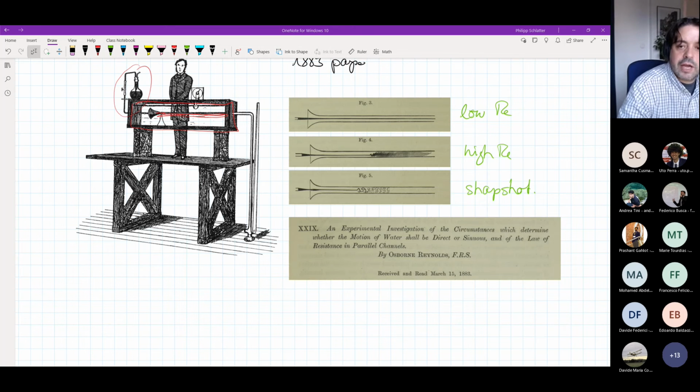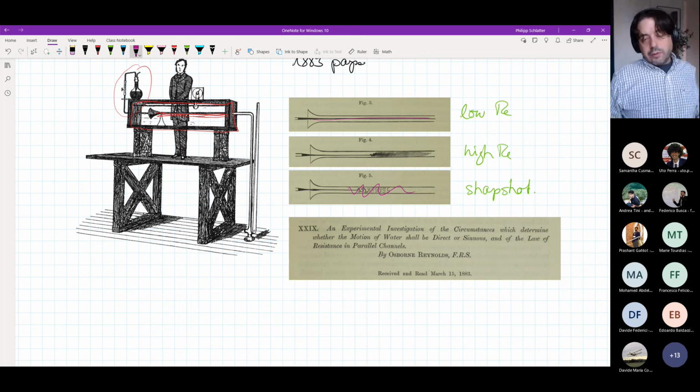He wanted to see what happens with the flow when you increase the Reynolds number, and he saw that at first it was straight, and then at some point it became kind of oscillatory. He wanted to see what influence this has on the resistance, the pressure drop, or the pumping power that you need to put in.